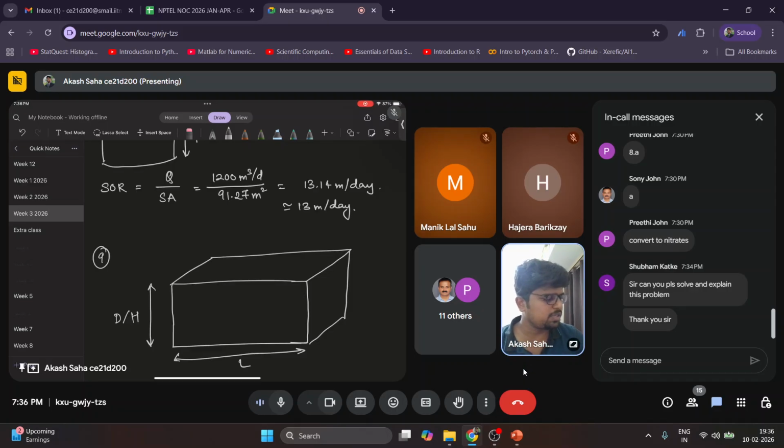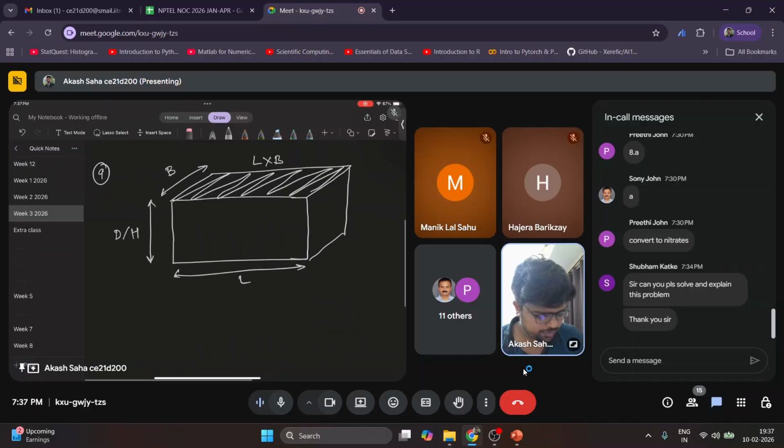Suppose this is the breadth B. Always remember, whenever we are finding the overflow rate, we have to take the top surface area, that is the length into breadth. First we will calculate the overflow rate of the tank, and we denote it by V0.